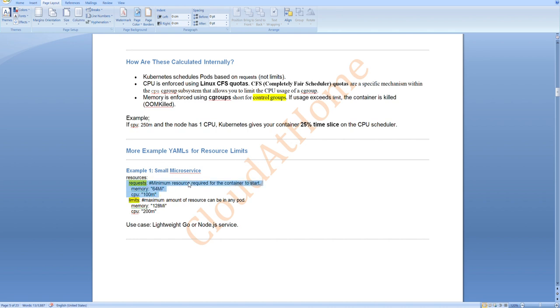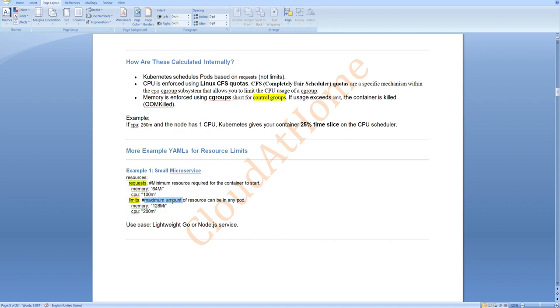This will be the minimum resource required for the container to start. Kubernetes starts the pod based on the request, not on the limits. For the limits, it will just exit, delete, or throttle. Okay, so limits is used for those purposes.